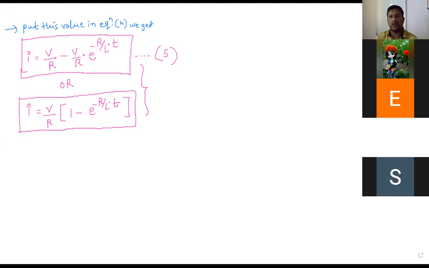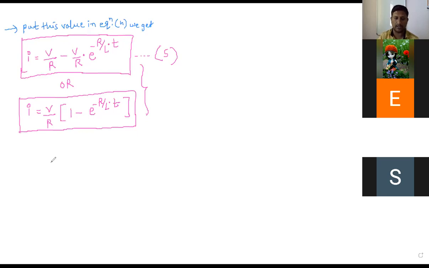Suppose I want to draw the diagram of current I versus time constant τ. So what is τ? τ is nothing but the time constant for the RL circuit. Okay. So again, we can discuss the new points here.